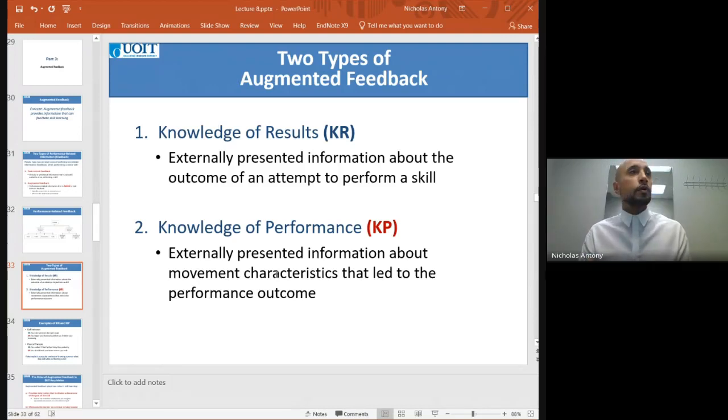So remember we talked about outcome measures versus production measures when evaluating motor control research, like lecture 2. Similar to that, but this is talking about augmented feedback. So there's KR feedback, which is going to be providing someone information about how they did.